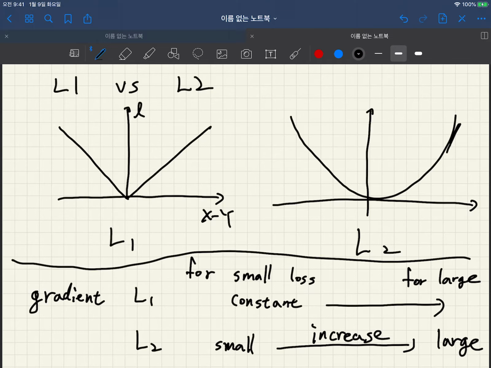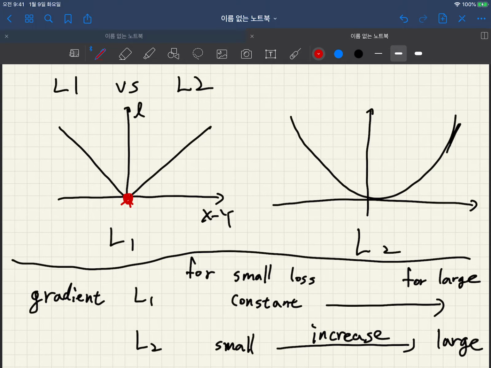Another point is that at this point, the L1 loss function is very sharp. This is not smooth at all. So people say L1 is a non-smooth function. The gradient of the L1 loss function jumps at the 0 point.